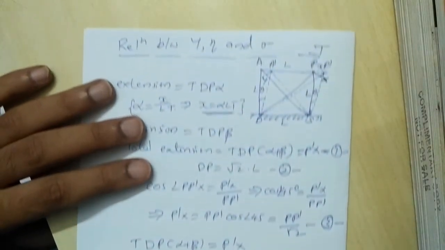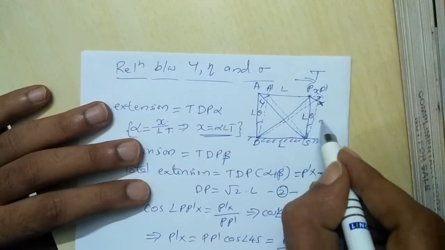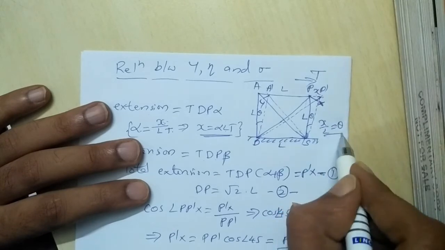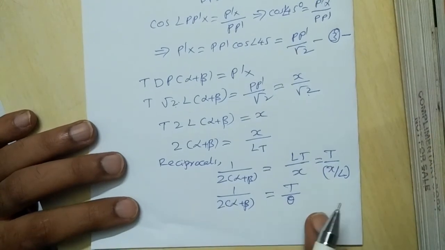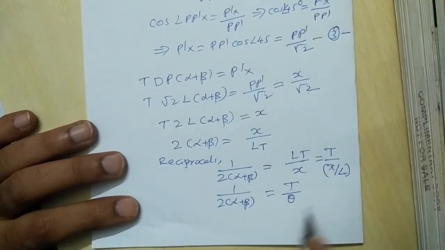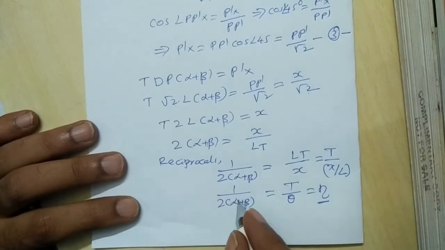Because in this diagram we have x divided by L, so x by L is nothing but theta. So we get 1 by 2 into alpha plus beta equal to t by theta. And t by theta is nothing but the rigidity modulus, which is eta. On the left hand side, you just divide each term by alpha.